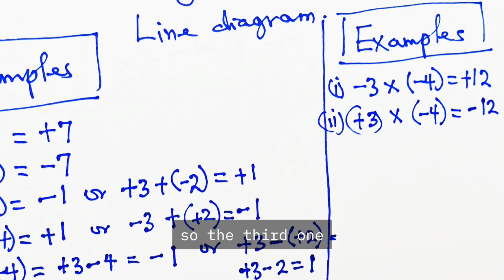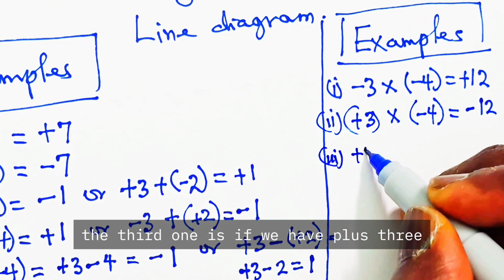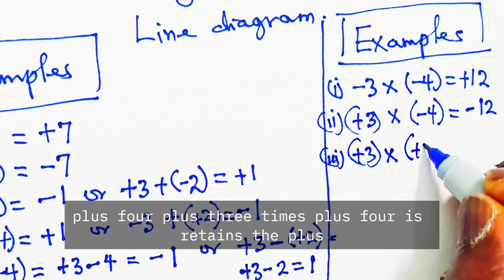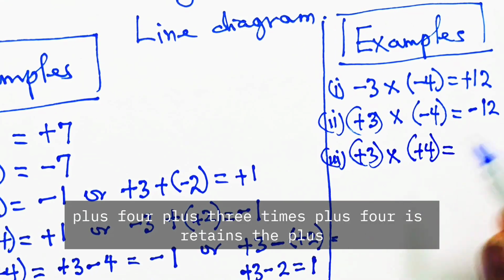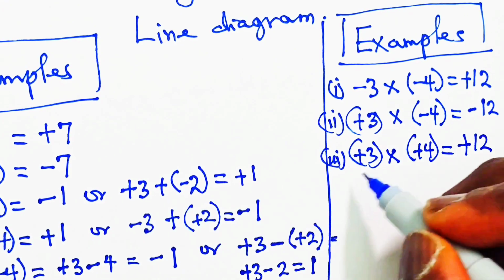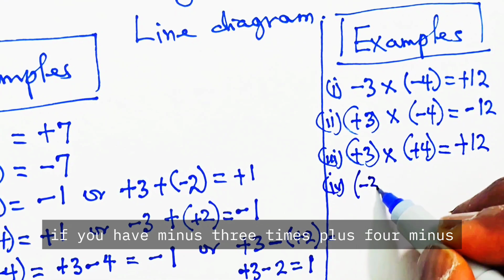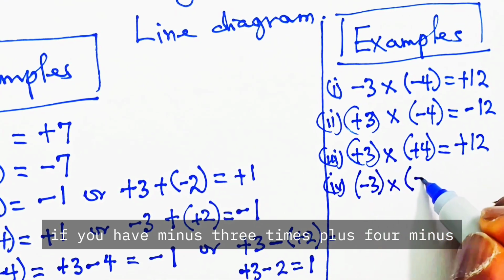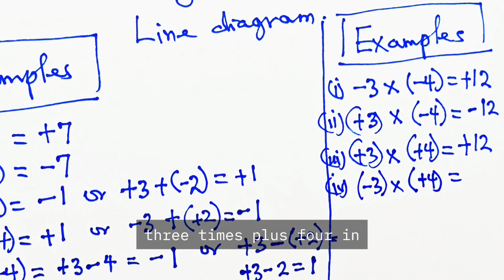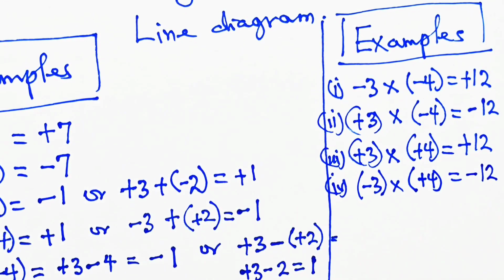So the third one is if we have plus 3 times plus 4. Plus 3 times plus 4 retains the plus. So the fourth one is if you have minus 3 times plus 4. In that way, the minus is retained, so minus 12.